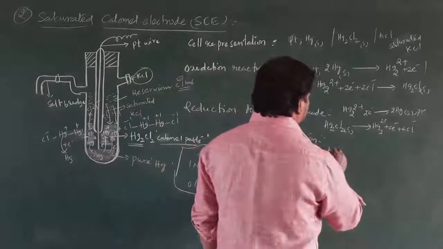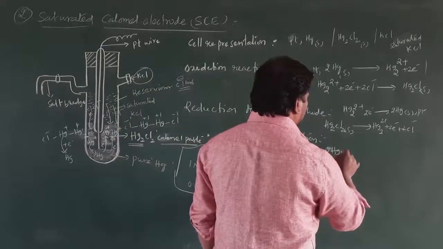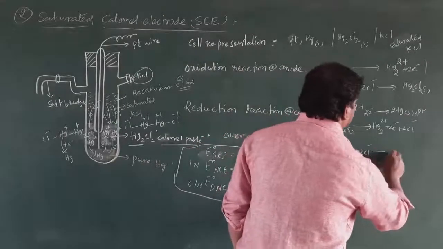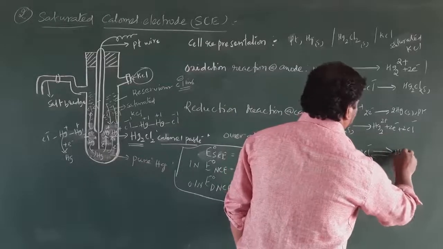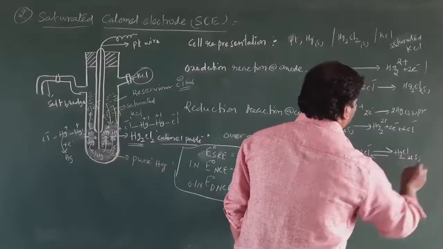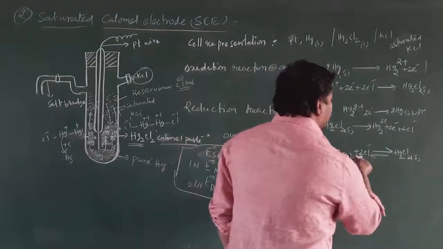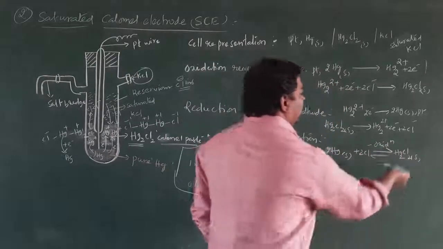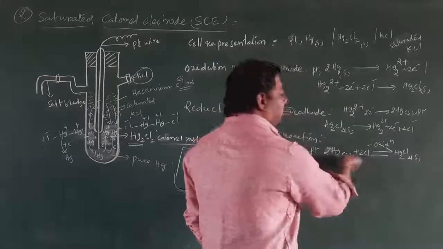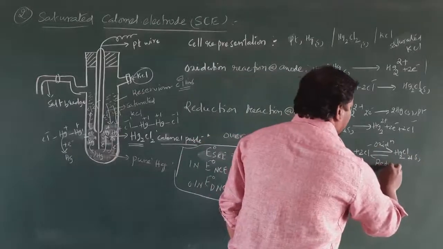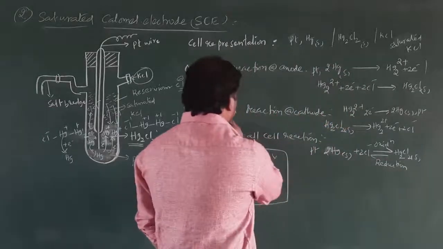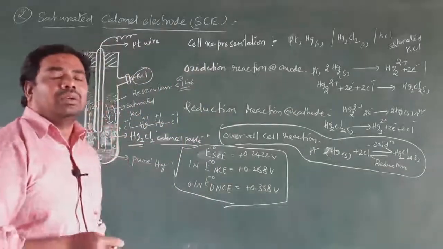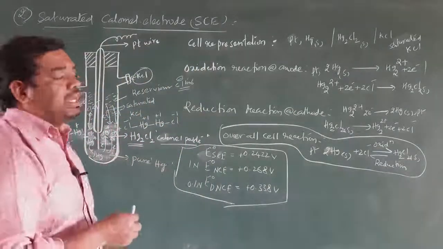That is 2Hg solid plus 2 Cl minus reversible with Hg2Cl2 solid. Here, if the reaction moves in the forward direction, it is an oxidation reaction. If the reaction shifts towards the backward side, then it is a reduction reaction. So this is the overall cell reaction during the redox reaction of the saturated calomel electrode.